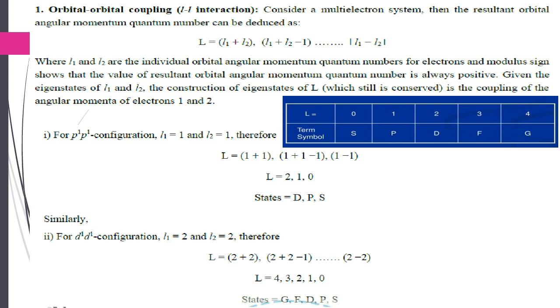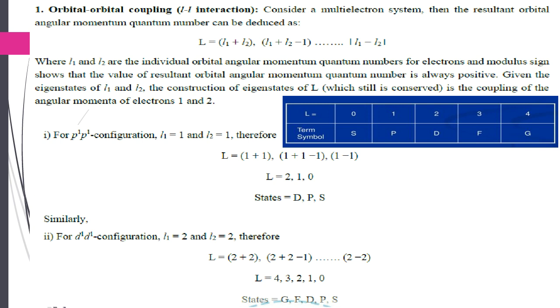Similarly, another example: the d1 configuration. For the d1 configuration, the small l values, L1 and L2, are 2 only. So capital L, the resultant orbital angular momentum quantum number, is L1 plus L2 to L1 minus L2. 2 plus 2 is 4, 2 minus 2 is 0.